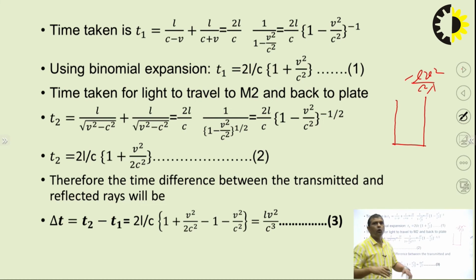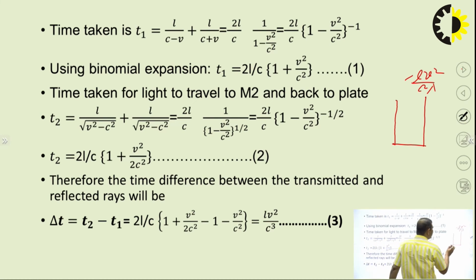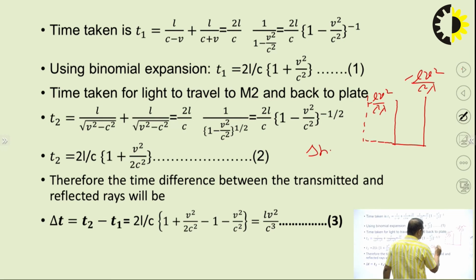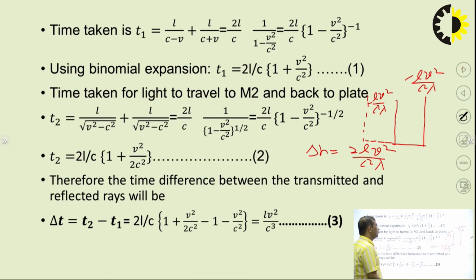Now if we rotate the whole apparatus through 90 degrees, our fringe will shift in just the opposite direction in this way, and its value will be minus LV square upon C square lambda. So the exact value of the fringe shift will be LV square upon C square lambda minus minus LV square upon C square lambda. So this should be equal to 2 LV square upon C square lambda. So this is the total value or the exact value of fringe shift which should be observed by the observer who is standing on the Earth.